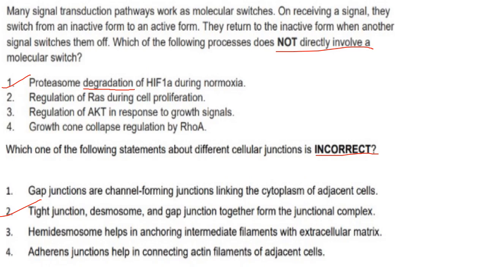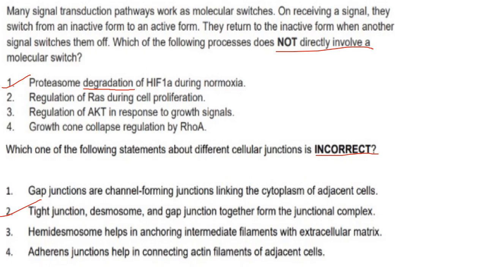Then next one. Which one of the following statements about different cellular junctions is incorrect? Gap junctions are channel forming junctions linking the cytoplasm of adjacent cells. That is correct. Tight junction, desmosome and gap junction together form the junctional complex. That is not correct. That is your answer.